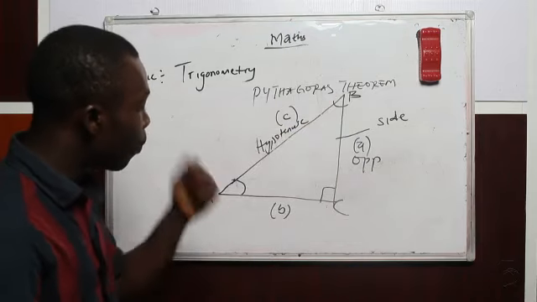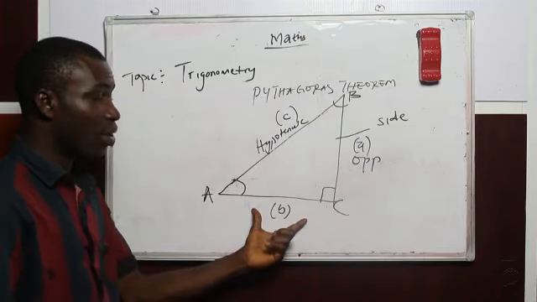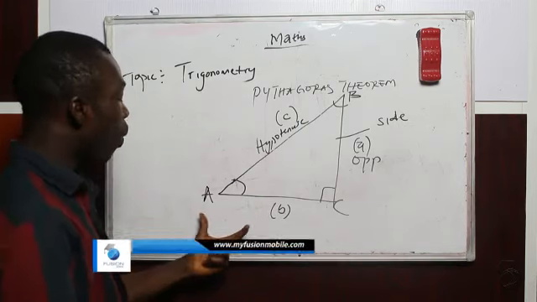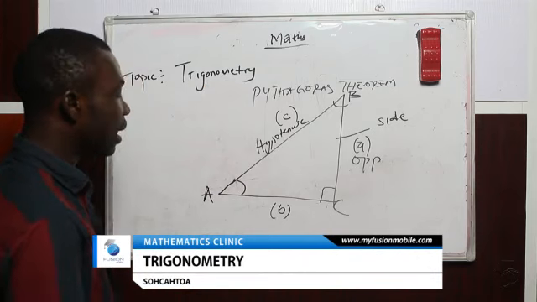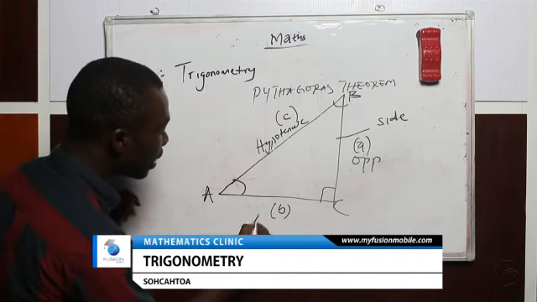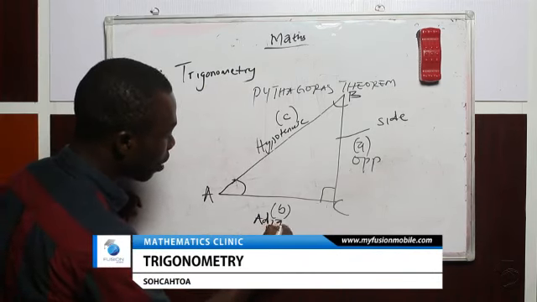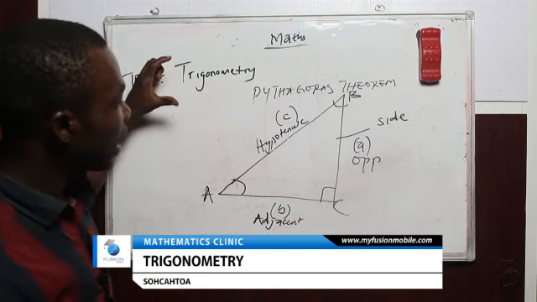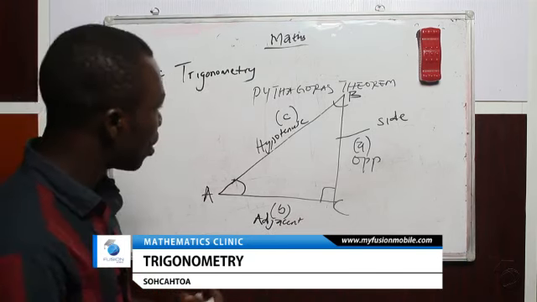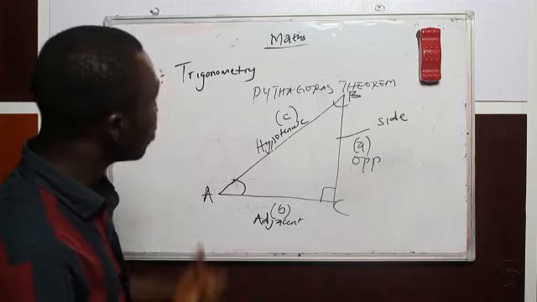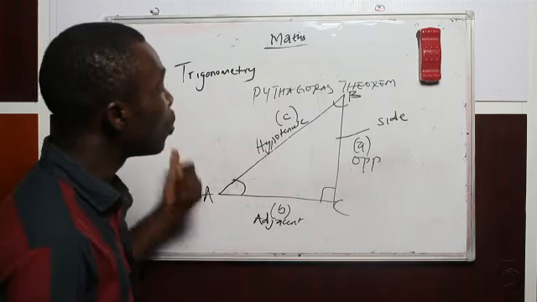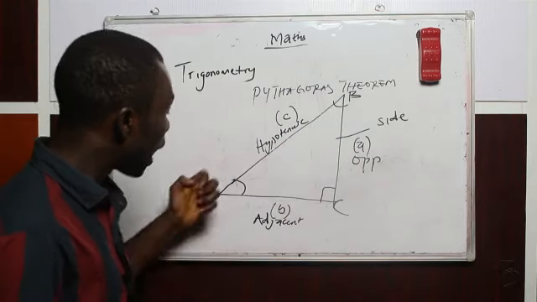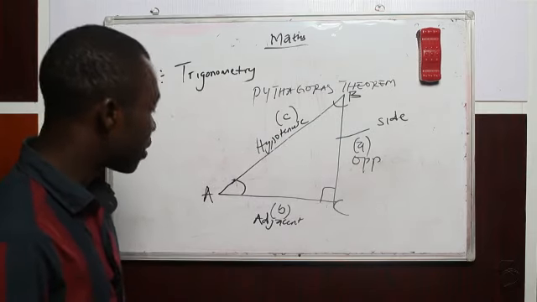We also have angle B with its opposite side B. Therefore, the adjacent of angle A is AC. Therefore, Pythagoras gave us more knowledge on how we can resolve any triangle within a right angle triangle by measuring its size and measuring its angle.